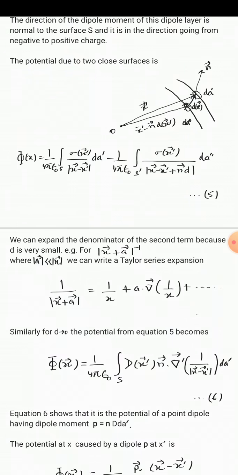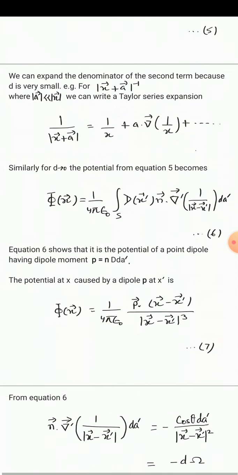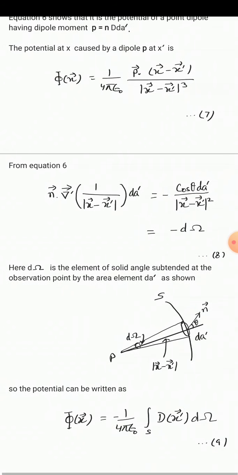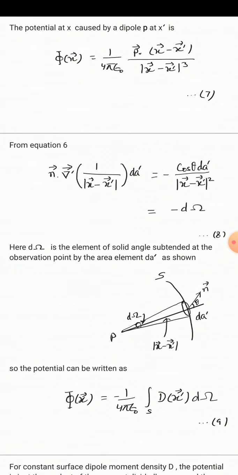So the potential at x caused by a dipole p at x dash is phi of x is equal to 1 over 4 pi epsilon naught, the dipole moment p dot x minus x dash over modulus of x minus x dash cubed, given by equation 7.